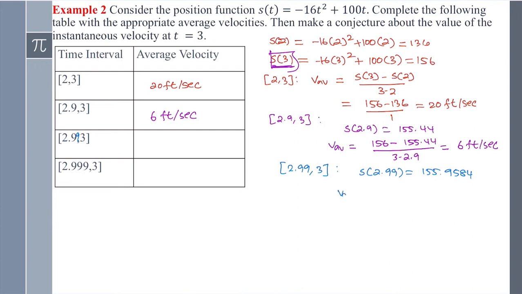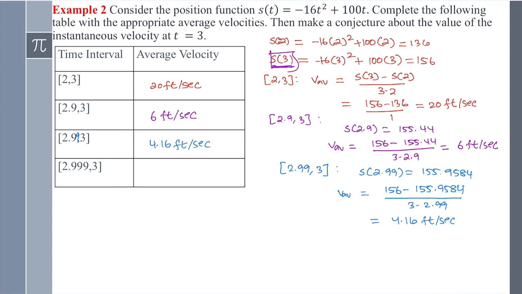Now the average velocity on that interval is 156 minus 155.9584 divided by 3 minus 2.99. When we simplify this, we'll get approximately 4.16 feet per second.